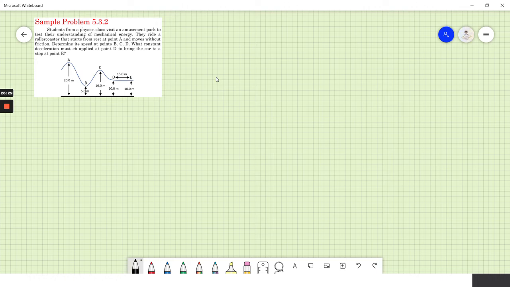And then we want to identify what would be the speed of the roller coaster as it reaches B, as it reaches C, and as it reaches D. And then how much deceleration the roller coaster needs in order for us to stop it at point E. So how are we going to solve this?